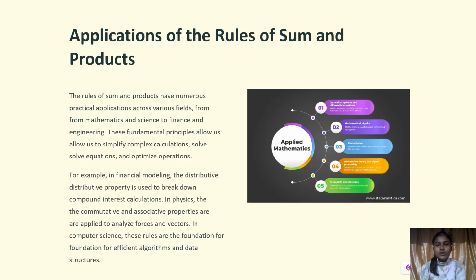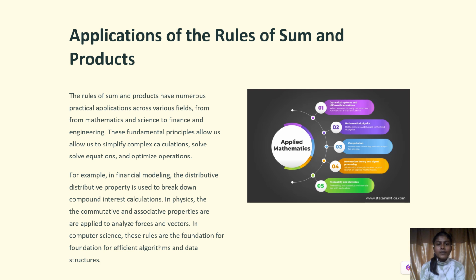Applications of the rules of sum and products. The rules of sum and products have numerous practical applications across various fields, from mathematics and science to finance and engineering. These fundamental principles allow us to simplify complex calculations, solve equations, and optimize operations.